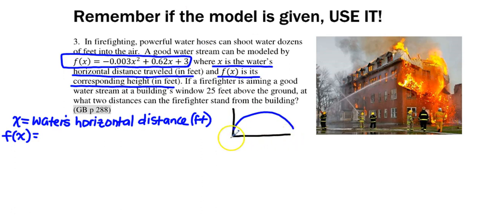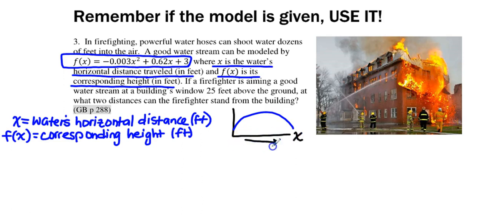I can measure the distance the water travels horizontally and vertically. So how high is the water going? So I will put corresponding height because that's the language the question used. Also measured in feet. Realizing that we're talking the horizontal distance that the water travels for X, and then for Y, we're saying the corresponding height of the water. Vertically, how high does the water go?